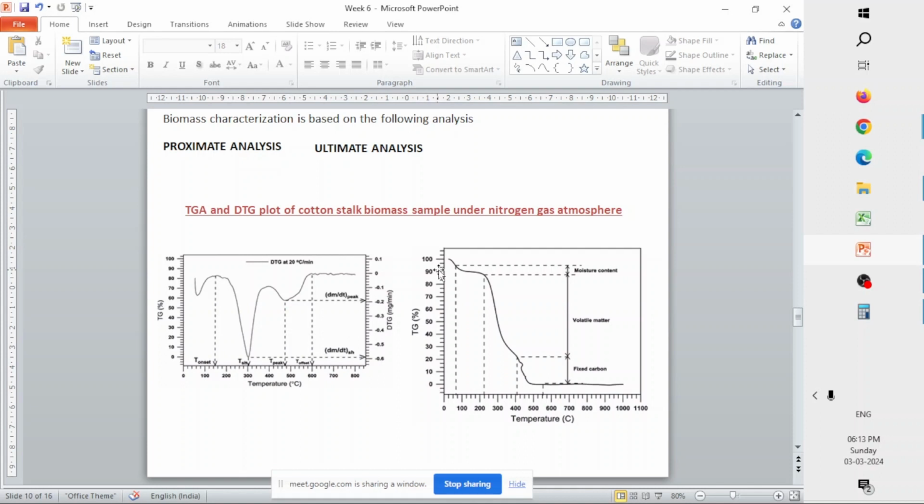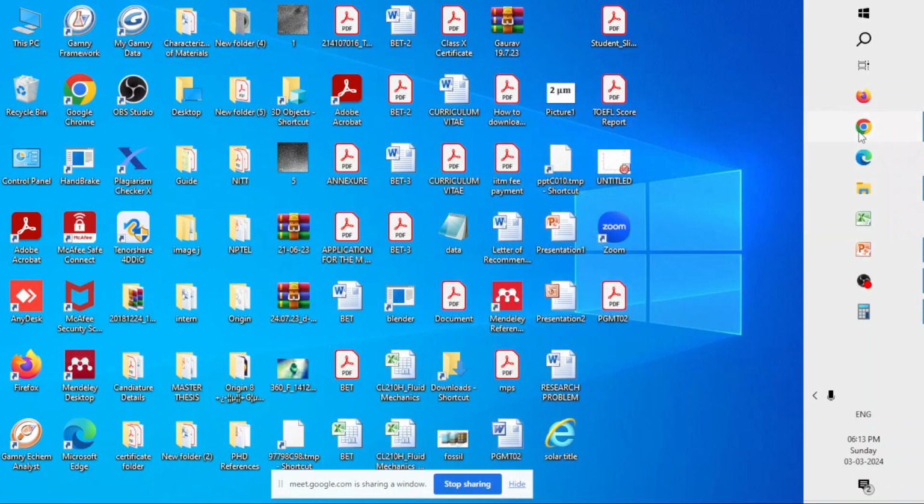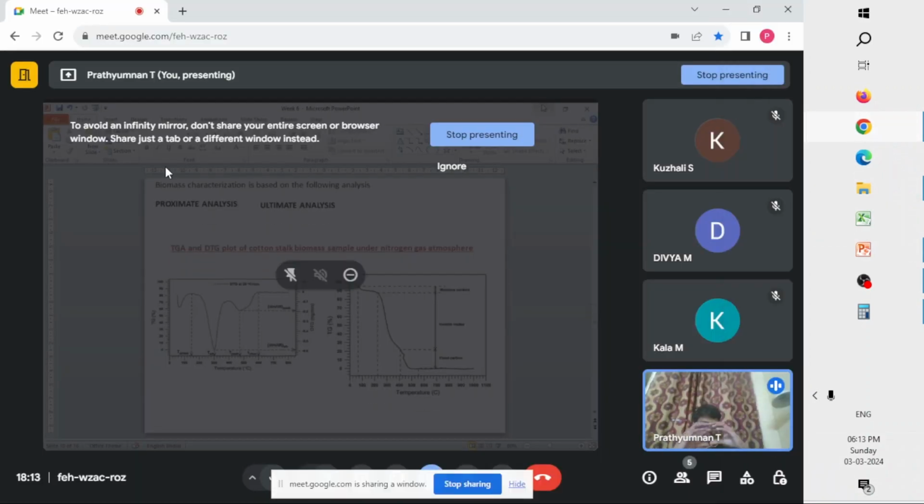So the majority of the water molecules will disappear at 100 degrees Celsius, like will turn into vapors and then get vaporized at 100 degrees Celsius. But that is something more towards the case of your free moisture. What is free moisture? Let's say you have a material, whatever the moisture that actually surrounds your material, this moisture that is surrounding the core of your material is the free moisture.